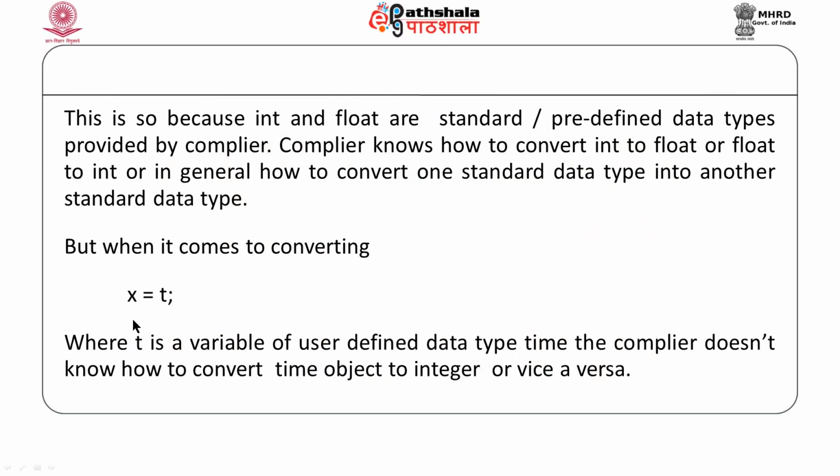But if we look at this assignment statement here, we are trying to assign a time object to an integer variable, and why will this not succeed? Because the compiler does not know how to convert a time object to integer or vice versa.